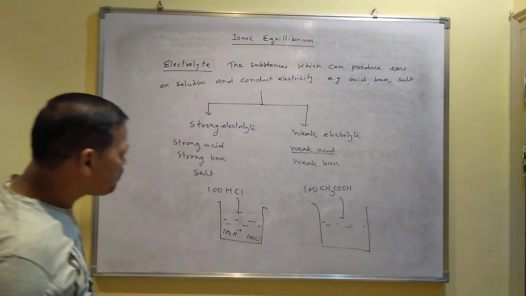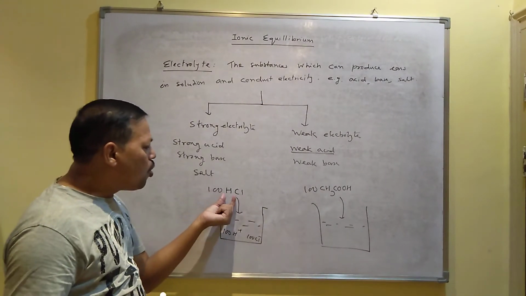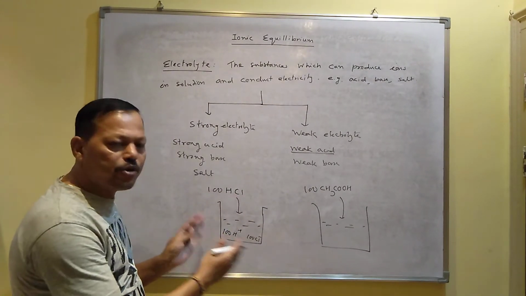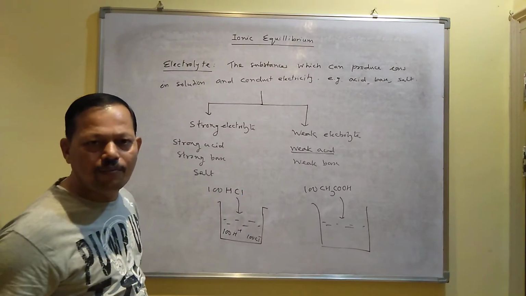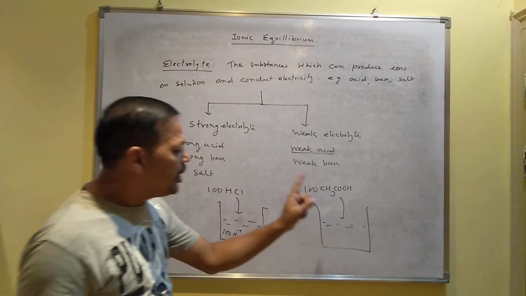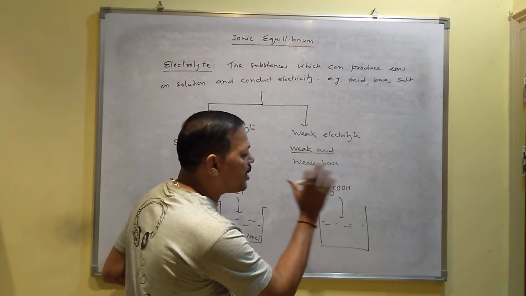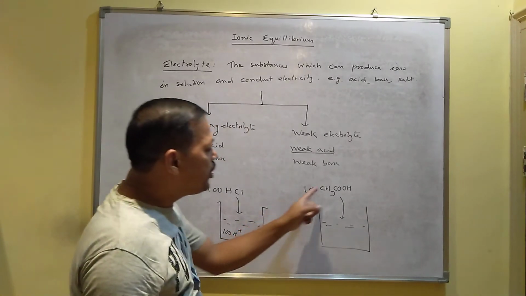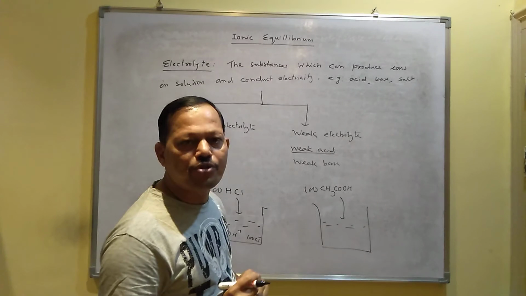Now, in case of a strong electrolyte, since all the molecules undergo dissociation, there will be no undissociated molecule. But in case of a weak electrolyte, suppose there are 100 acetic acid molecules. When you dissolve it, suppose from 100, 5 molecules undergo dissociation.